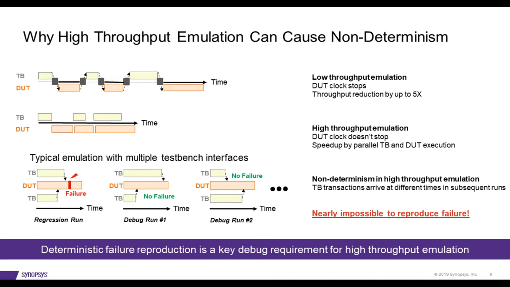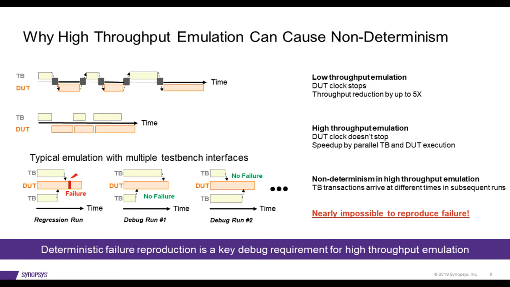Now, when you wanted to do the debug and you wanted to reproduce the problem to find the root cause, because the test bench is now running parallel to the DUT depending on the system load, etc., the timing of test bench instructions can change, and they can arrive in the DUT at a different time, and as a result, you may not see the failure that you saw in the first run.